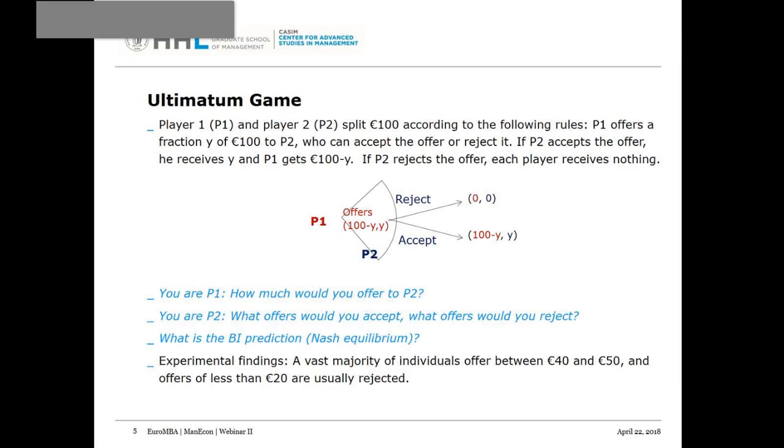So instead of rejecting this offer, you accept it. So any offer that is positive will be accepted. And knowing this, you doing the backward inductive analysis, player 1 decides to offer exactly this 1 cent. So this is what theory would tell us how the game is going to be played, solved by backward induction.